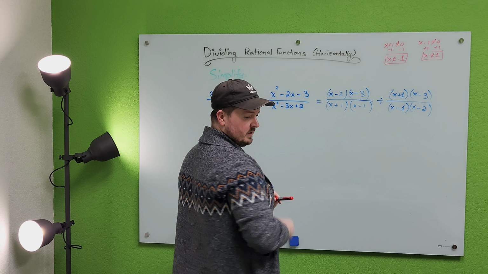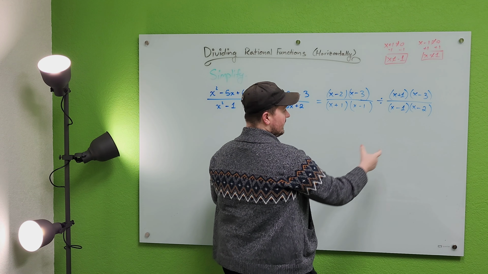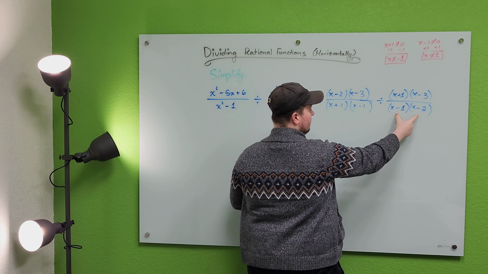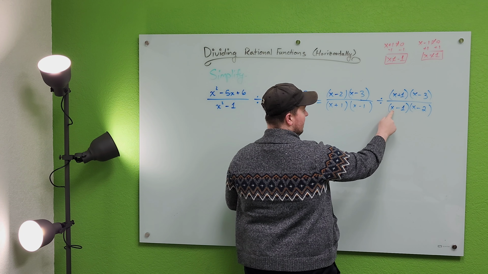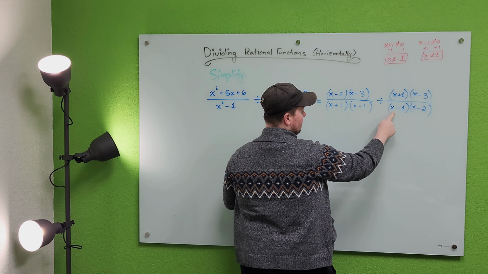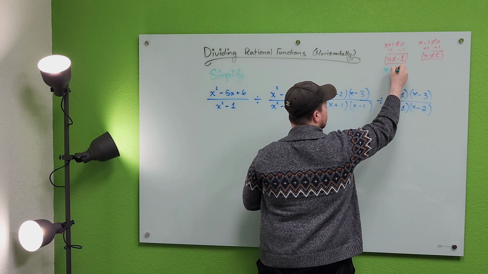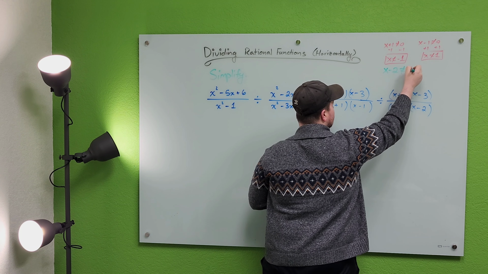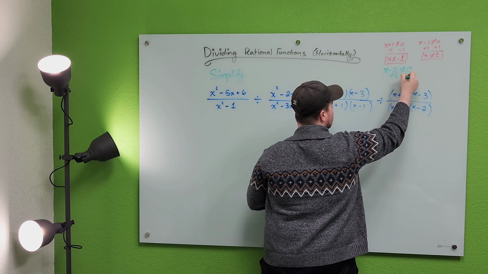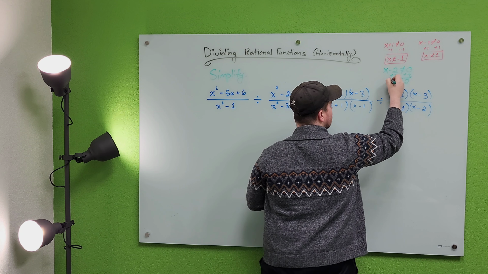But we have other pieces that we need to do similar work with. So let's take this denominator now. We already see here that x minus 1 is not allowed to be 0, so that one's taken care of. But x minus 2 is another consideration. x minus 2 is also not allowed to be 0. So if we do a little algebra, we see x is not allowed to be 2.